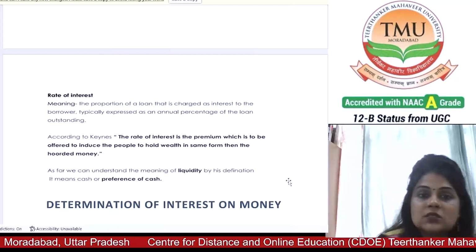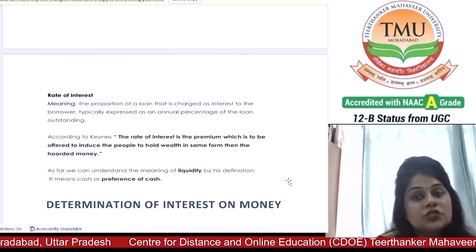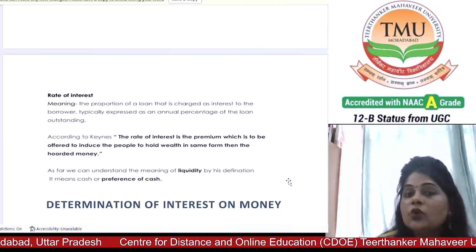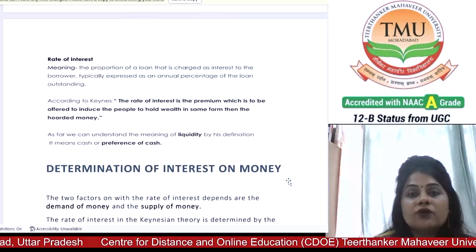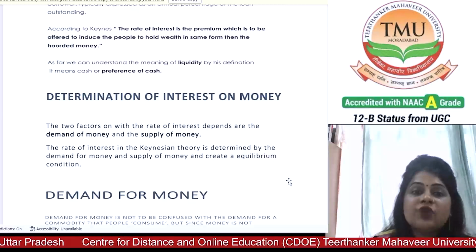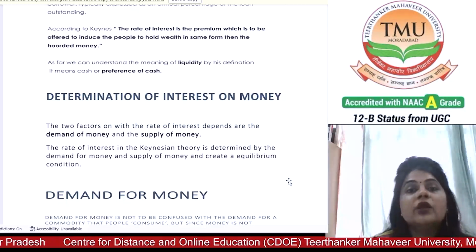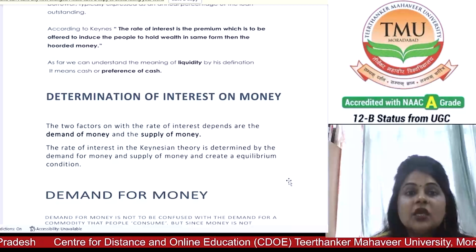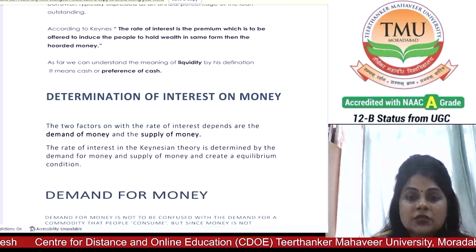According to Keynes, the rate of interest is the premium offered to induce people to hold back in some form other than hoarded money. As far as we can understand the meaning of liquidity by his definition, it means cash or preference of cash.